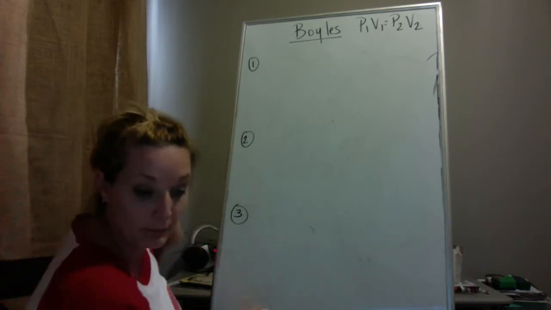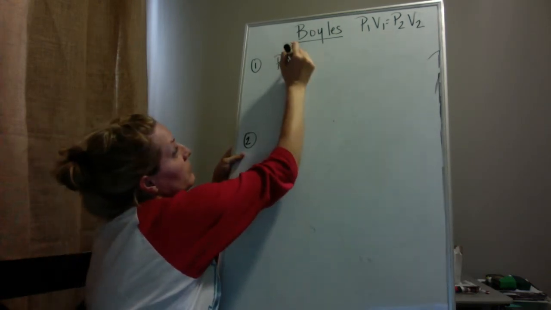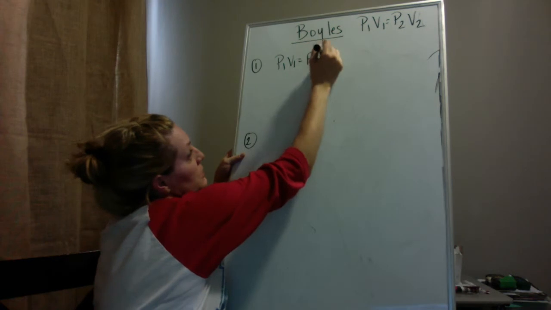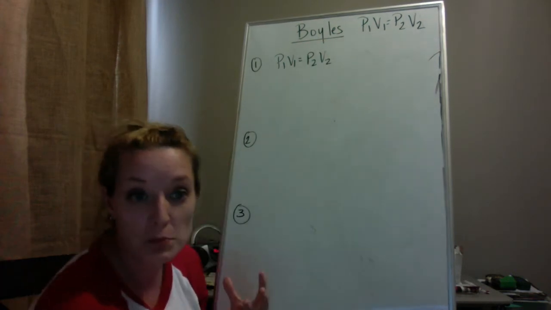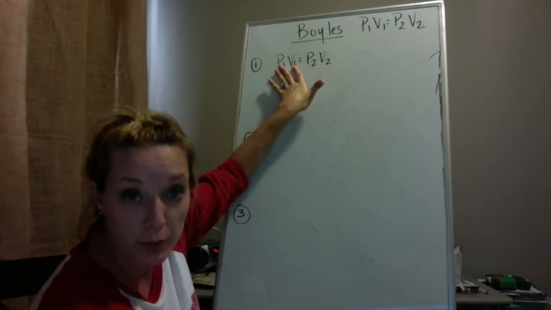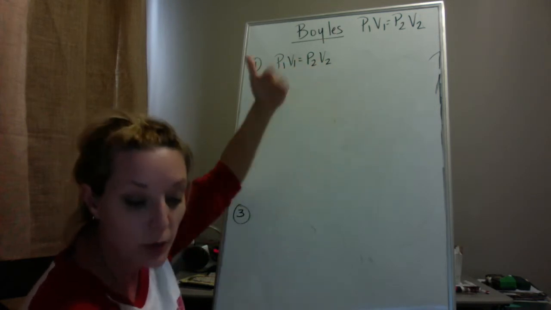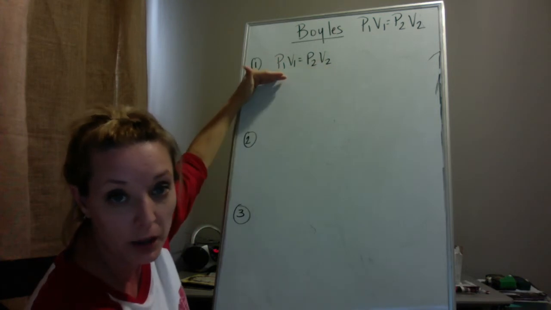So number 1, you're going to write the formula first: P1 V1 equals P2 V2. Now for the most part, how do I know which one's the number 1 and which one's the number 2? The first pressure and volume unit you come to are typically your ones. So you would fill those in first. This is kind of a plug and chug.